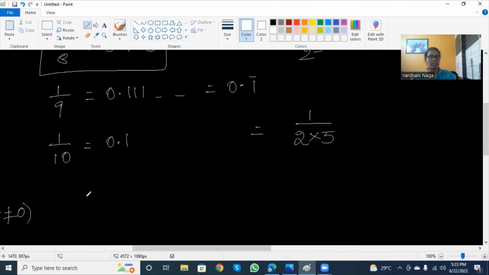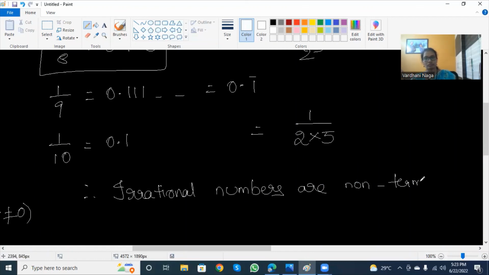Irrational numbers are therefore non-terminating and non-repeating. Non-terminating, non-repeating. So these types of numbers are said to be irrational numbers.